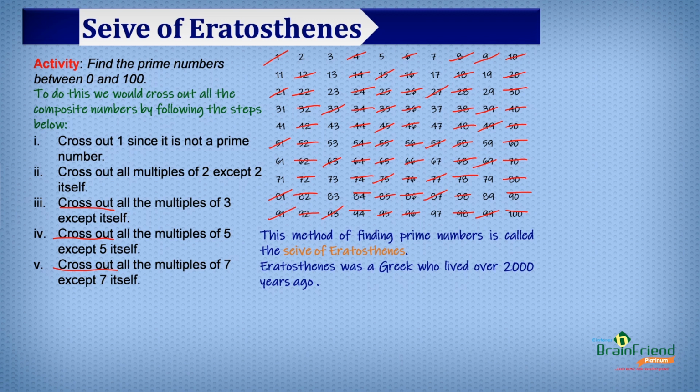After this exercise, you realize that we have 1, 2, 3, 4. I'm actually circling the prime numbers we have. We have 4 so far.